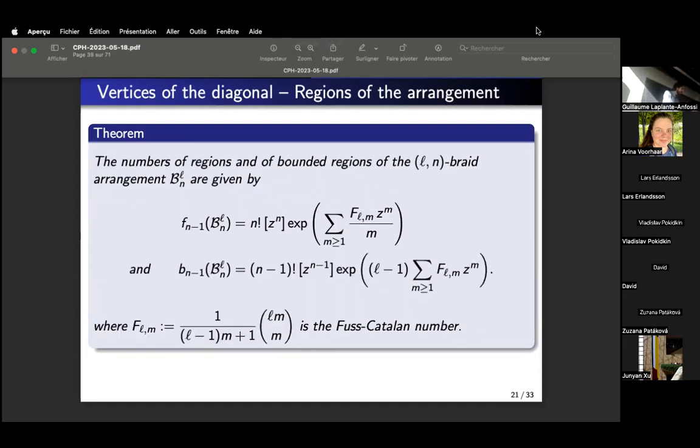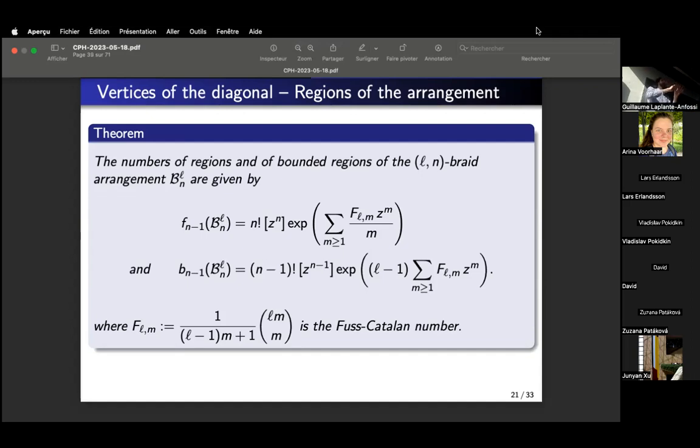So the other important thing that we are able to count is the number of regions of the arrangement, or dually the number of vertices of the diagonal. So let's just state the result for L equals 2. Vertices of the diagonal, these are pairs of vertices of the permutahedron, and they turn out to be, if you choose a direction that respects the Weak Bruhat order, intervals in the Weak Bruhat order.